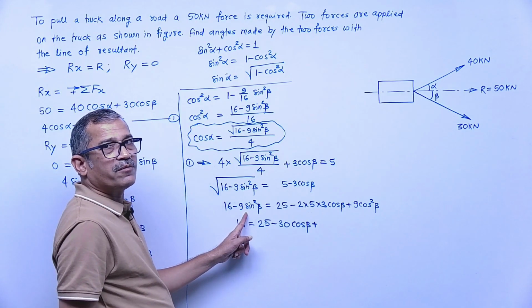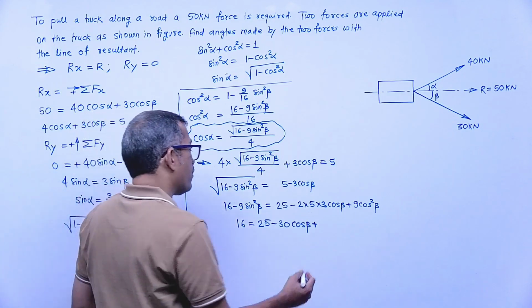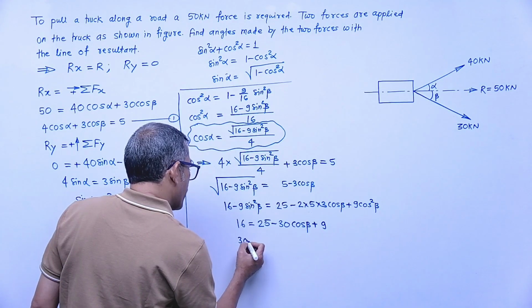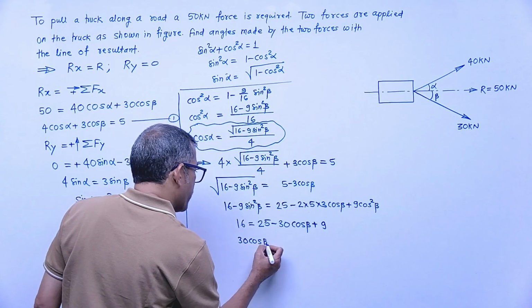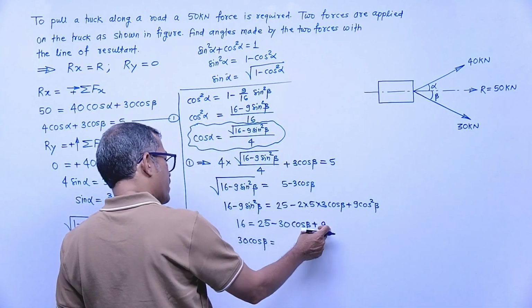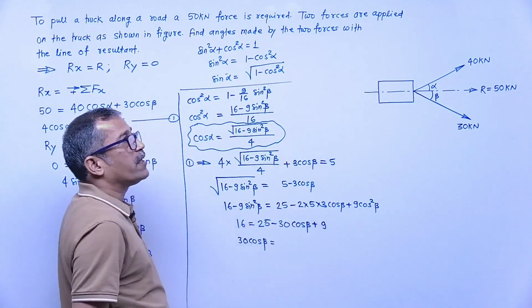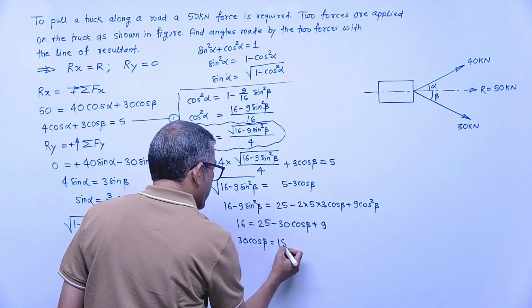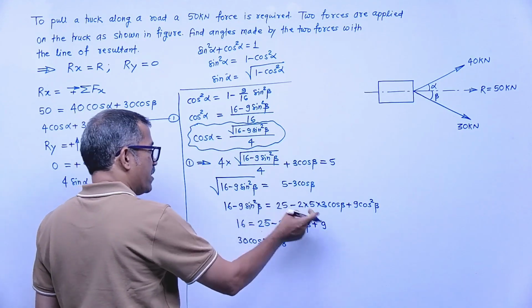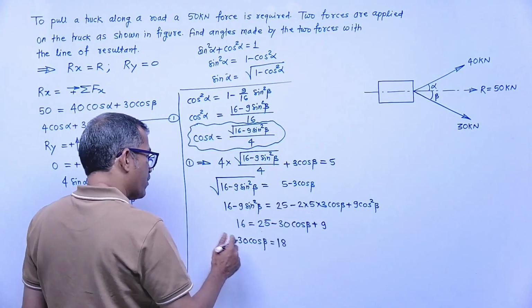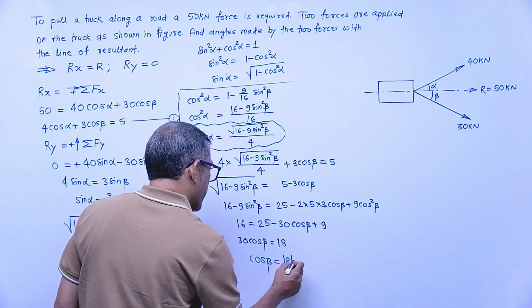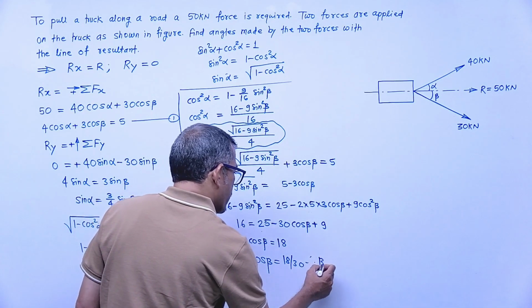Cos square beta plus sin square beta we add, we get 1, so 9 common. Means 30 cos of beta we will take on the left side, so that becomes plus. 25 plus 9 is 34. 34 minus 16 is how much? 18, right? Correct? 25 plus 9 is 34, 34 minus 16 is 18, and 30 cos beta. So cos of beta is what? 18 by 30. Then we will get angle beta.